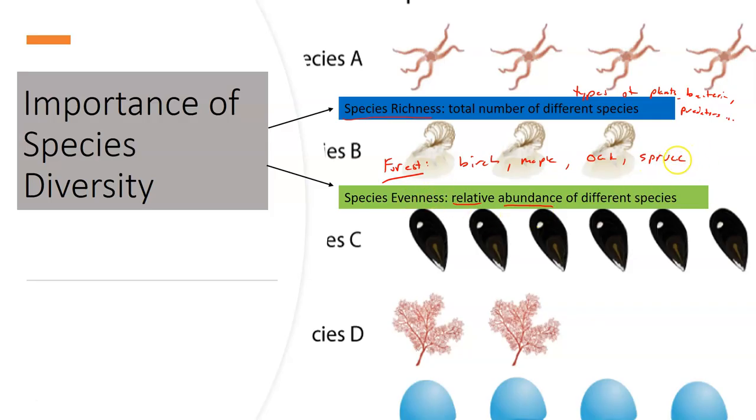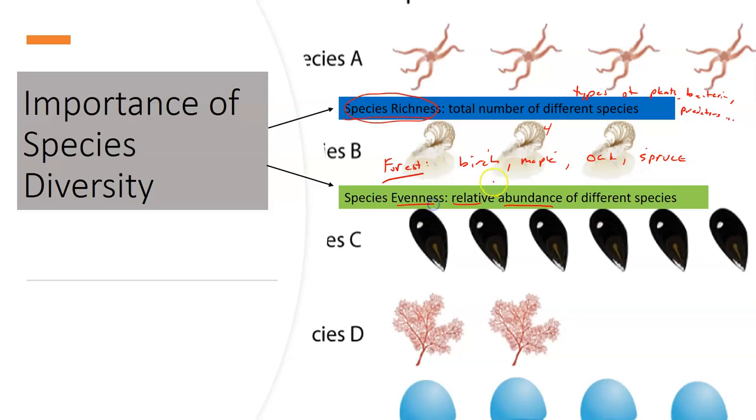Okay, so those are all trees, right? We have 1, 2, 3, 4 different species of trees in this area of forest. That would be richness, would be 4 species of trees.